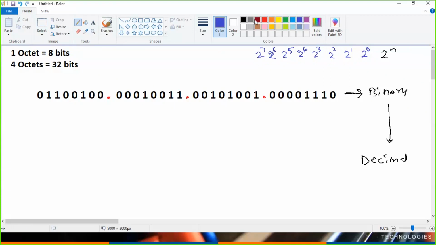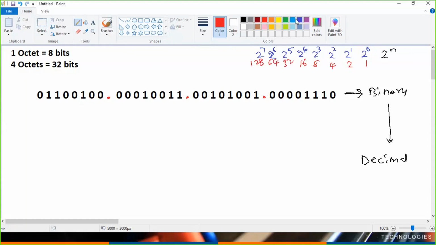So what's the value of 2 power 0? 1. Any power 0 is 1. 2 power 1, 2. 4, 8, 16, 32, 64, 128. Correct, guys? Yes.